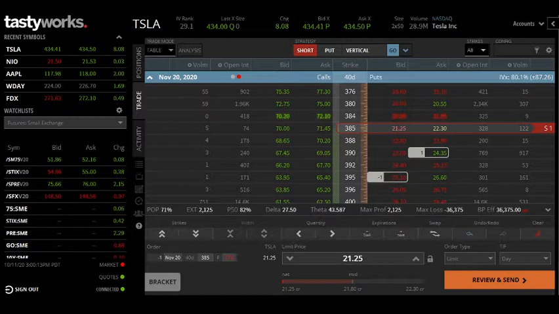So for a call spread, they're not going to be exact. Your exact delta on the 385 in Robinhood right now is 0.27, which is 0.2750. So they're the same.